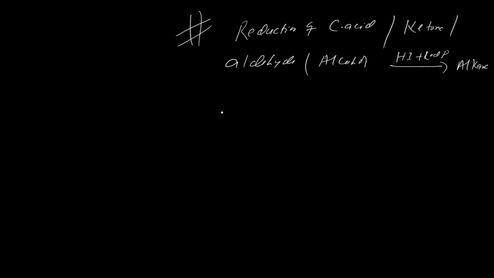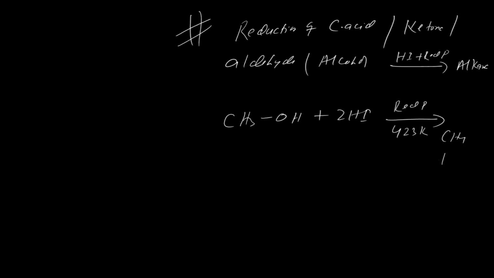Have a look here, just take some examples. Suppose we take CH3OH and reduce it with hydrogen iodide in the presence of red phosphorus. Temperature is important, 423 Kelvin. It will form CH4 plus I2 plus H2O.